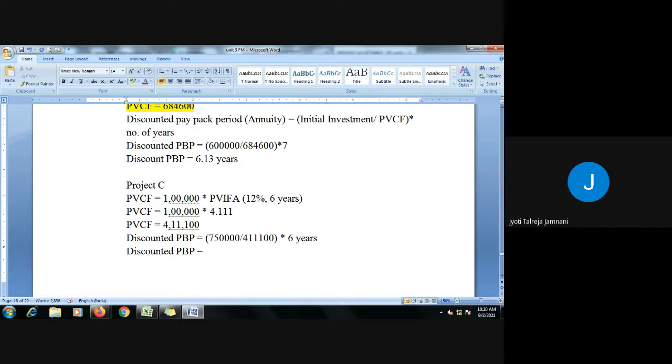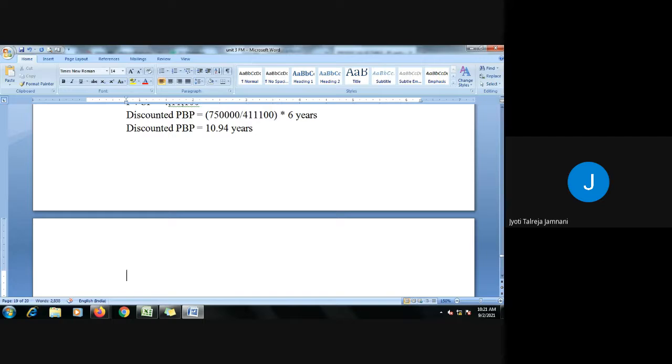It will take 10.94 years, which is more than the life of the project. So this kind of projects usually get rejected because the life is only 6 years and we want 10 years to recover our cash flows, which is not possible within the life of the project.